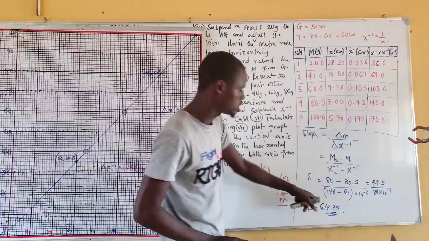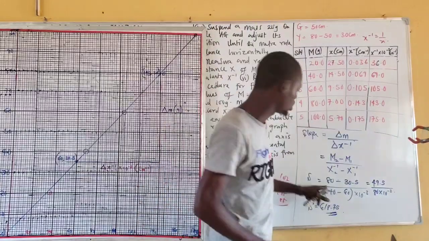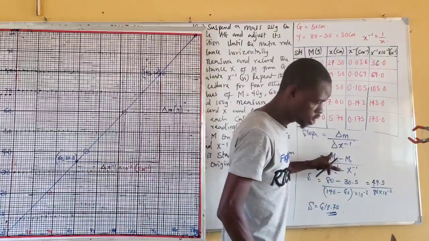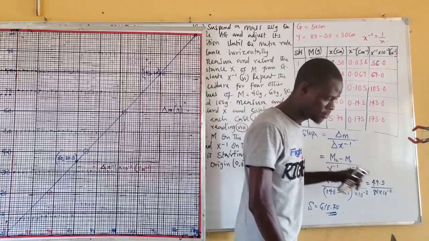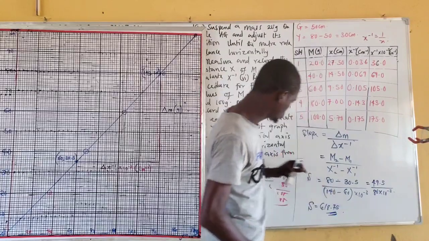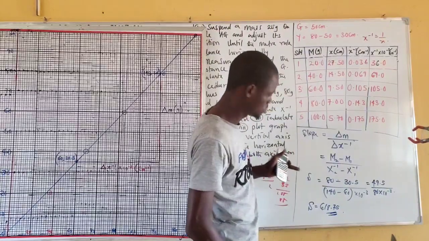Now, the unit of this, you are going to include the unit of this thing there. This one is in gram, the mass is in gram. Sorry, I'm trying to cross-check something out.